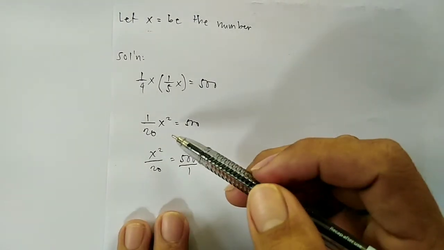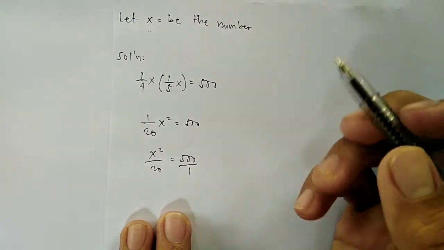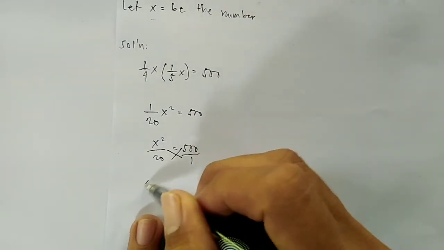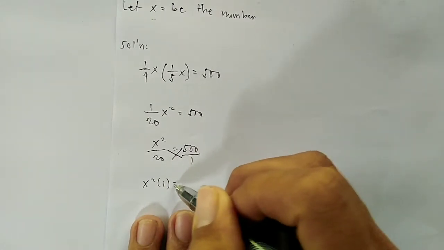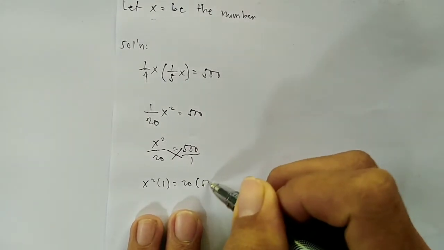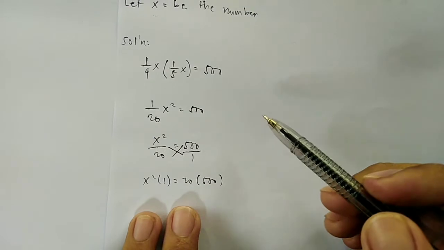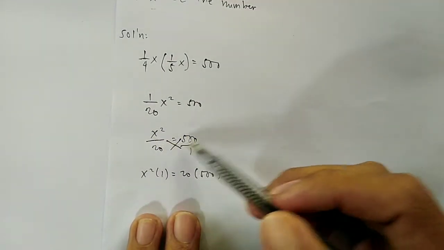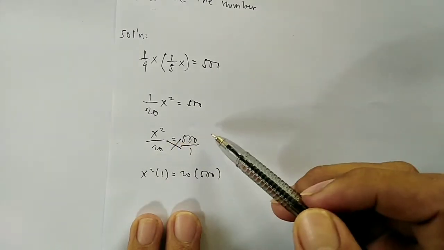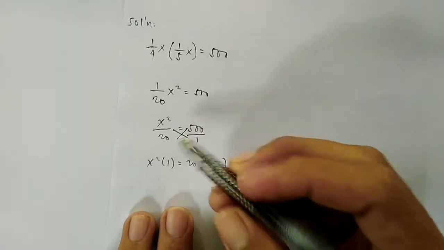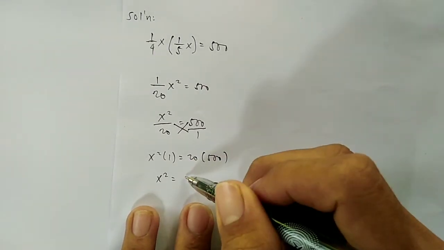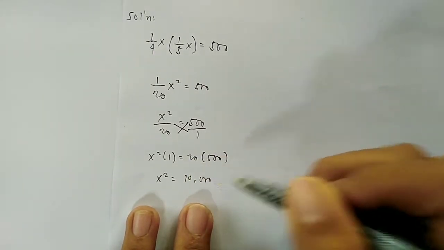Cross multiplying, we get x squared times 1, and 20 times 500. So x squared times 1 is x squared, and 20 times 500 is 10,000.